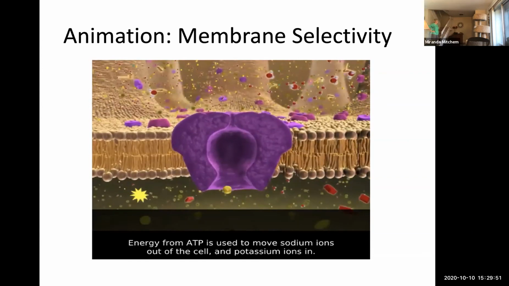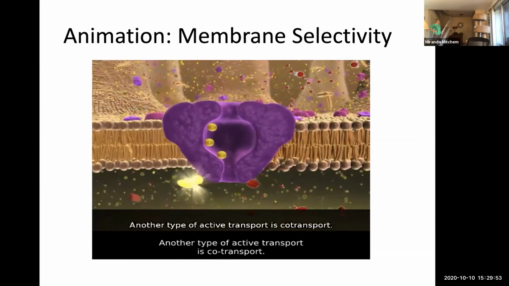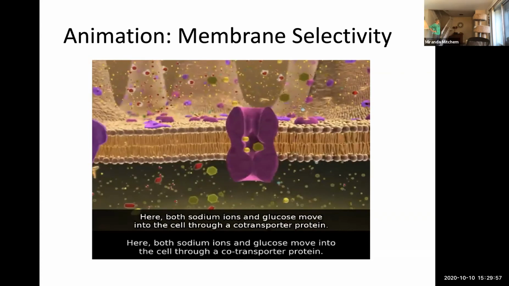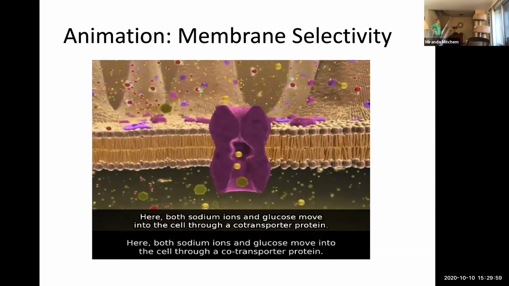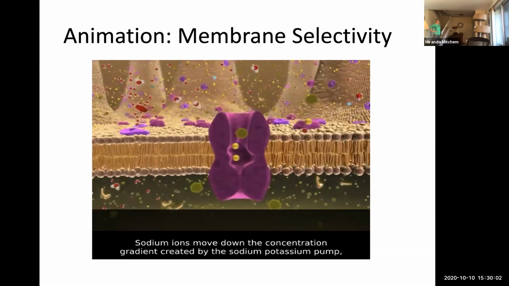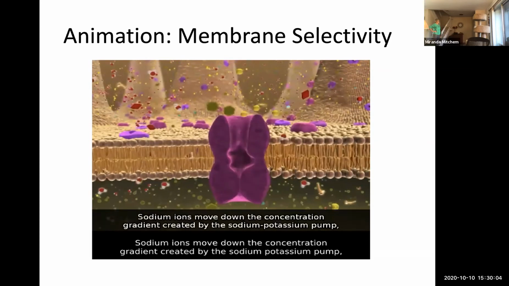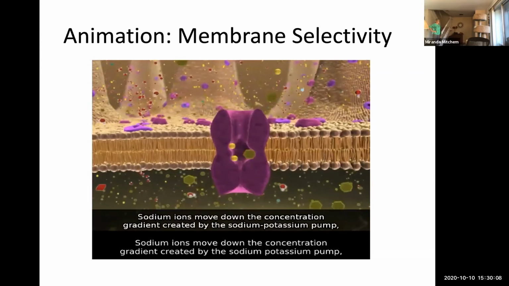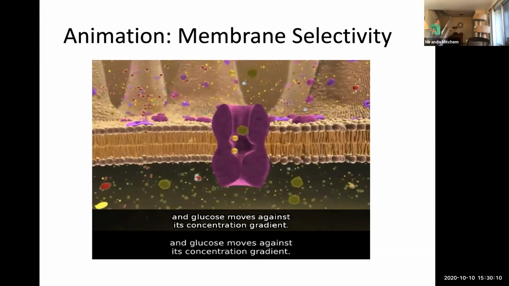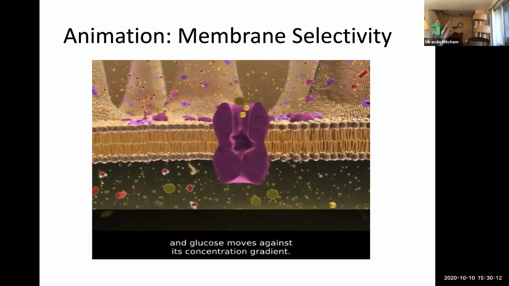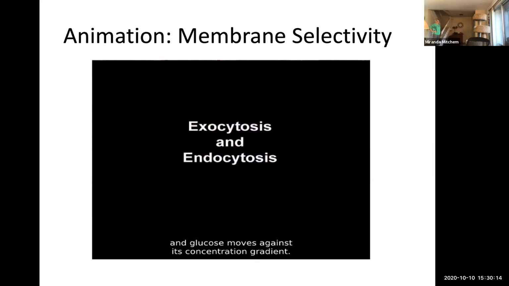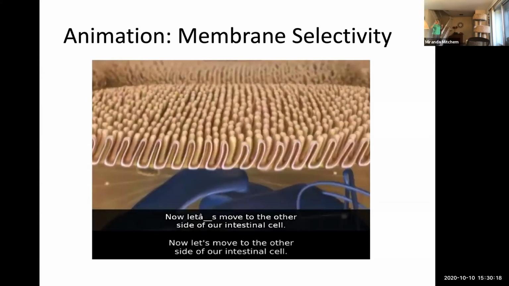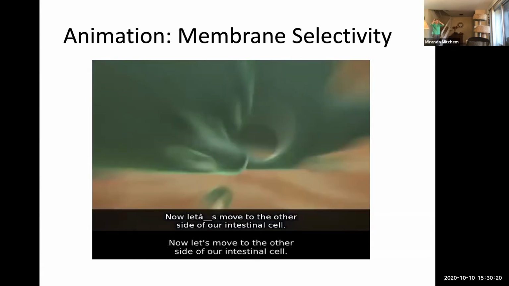Another type of active transport is cotransport. Here, both sodium ions and glucose move into the cell through a cotransporter protein. Sodium ions move down the concentration gradient created by the sodium-potassium pump, and glucose moves against its concentration gradient. Now let's move to the other side of our intestinal cell.